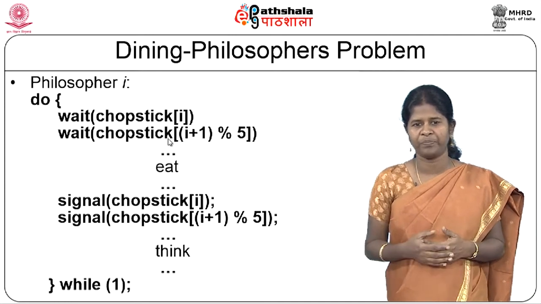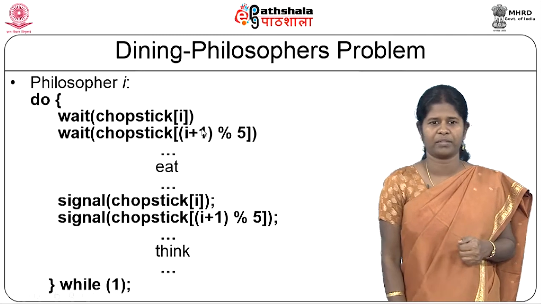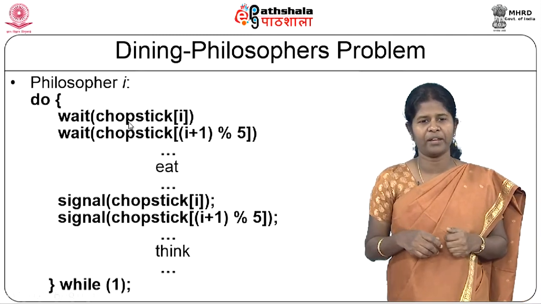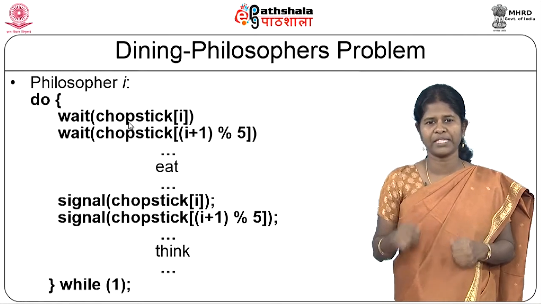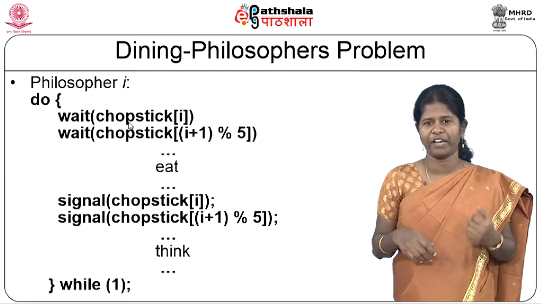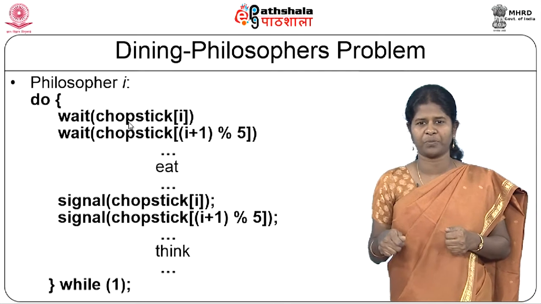But the problem here is that this can lead to a deadlock. Say every philosopher tries to eat at the same time. All will try to lift up the leftmost chopstick first, and then they will try to wait on the rightmost chopstick.